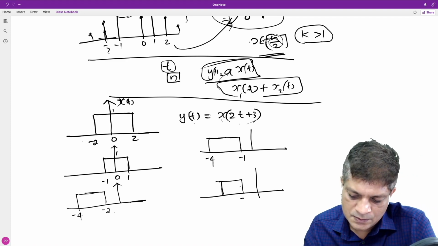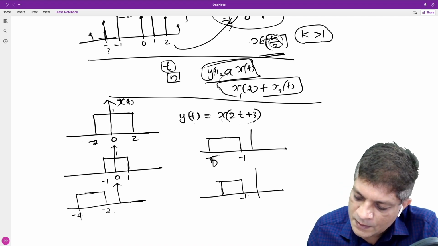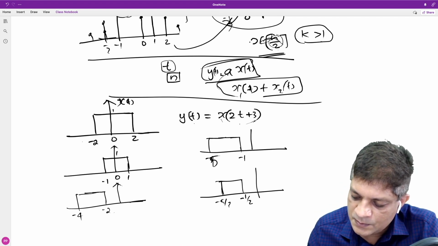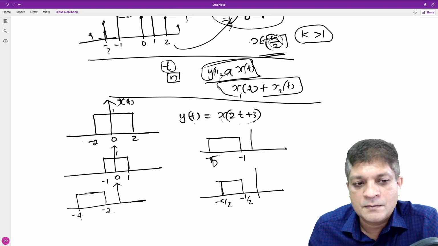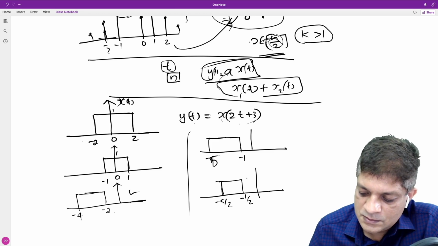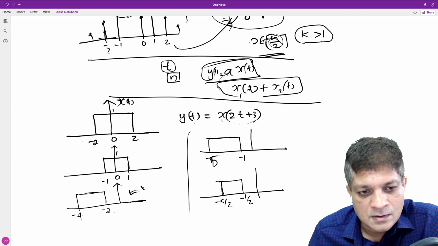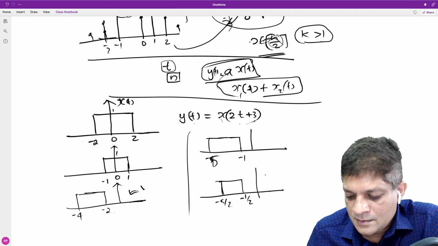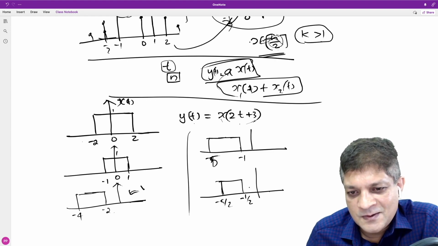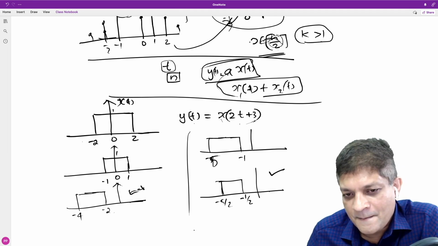Minus 5. Minus 1/2 and minus 5/2. Which one is correct? Left or right? This one or this one? Right is correct. So the correct one is this.